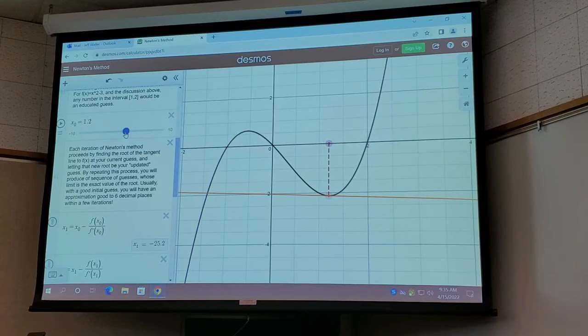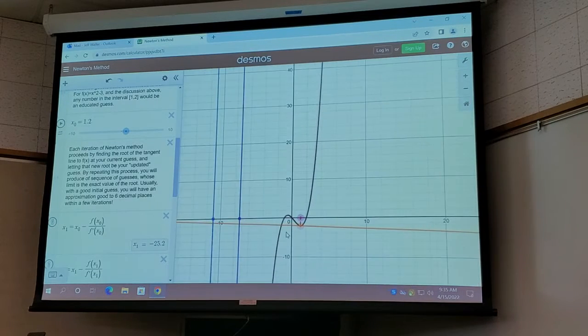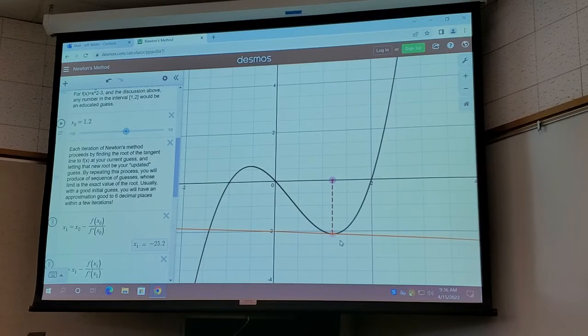About right there, it's almost horizontal, right? I wonder if it'll, no, look at that, it's having issues. You guys kind of see what I'm saying? The big point I'm trying to make is the first guess is really important. If there are multiple roots and you want a specific root, your first guess, even though it's pretty close to the actual root I want, is going to end up getting some other root.